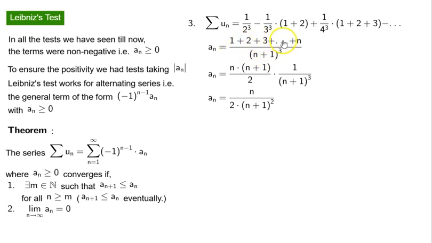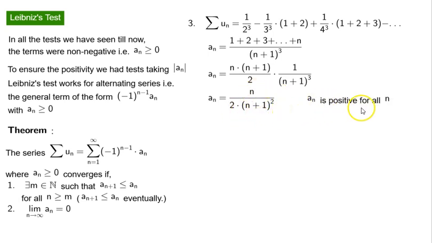Now, the numerator is the sum of first n natural numbers, for which we know the expression is n times n plus 1 by 2, multiplied with 1 by n plus 1 cube to incorporate it into our a sub n. Now one of the n plus 1 gets cancelled and we are left with a sub n is equal to n divided by 2 times n plus 1 square.